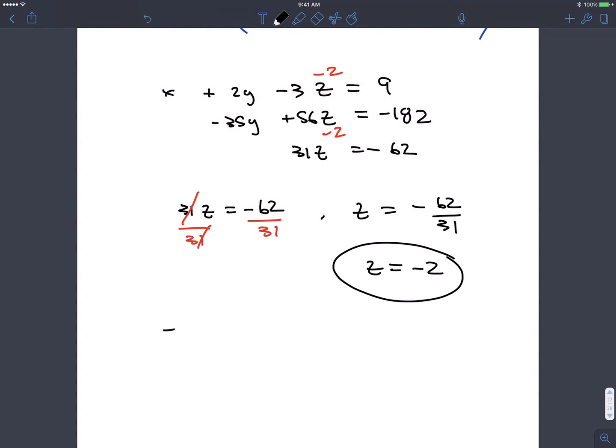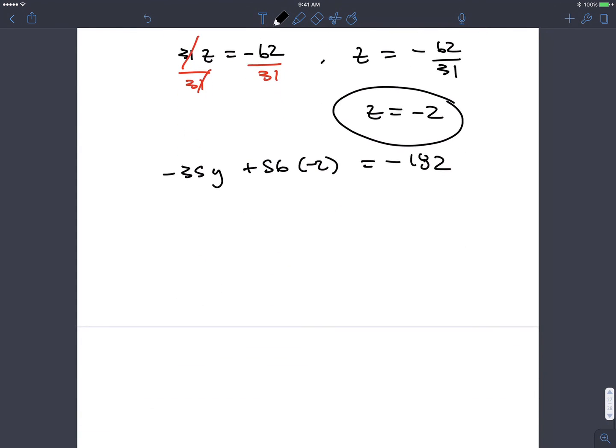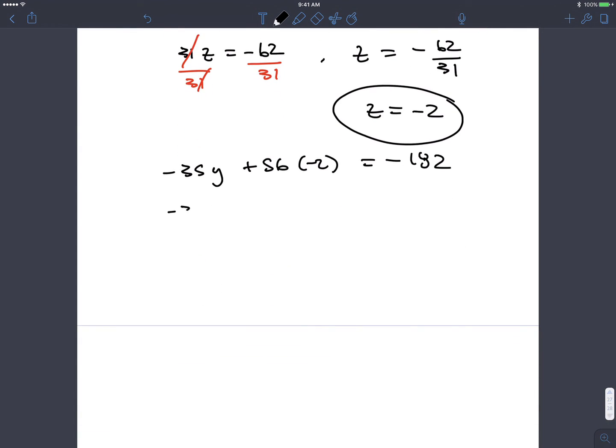Now we can replace wherever the z is with a -2. The second equation becomes -35y plus 56 times that -2 is -182. -35y minus 112 is -182.